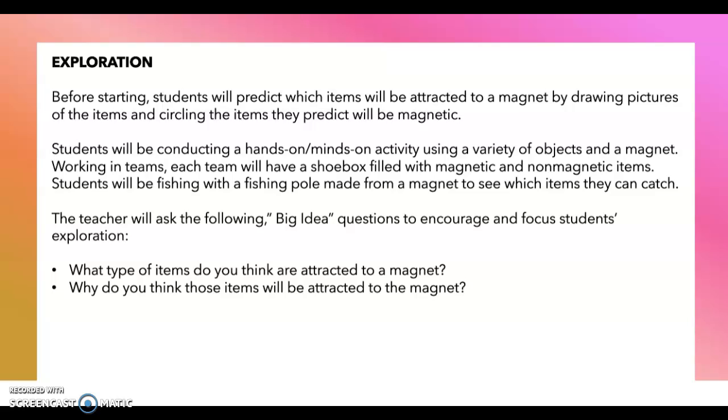They'll work in teams with a shoebox filled with magnetic and non-magnetic items, and they will see which items catch on the magnet. The big idea questions that the teacher will ask to help encourage and focus students' exploration are, what type of items do you think are attracted to a magnet? Why do you think those items will be attracted to the magnet?